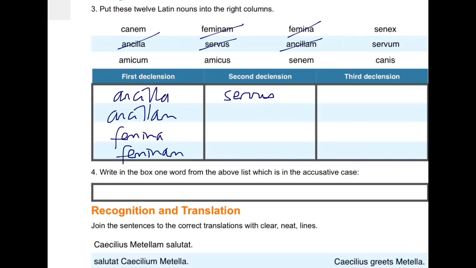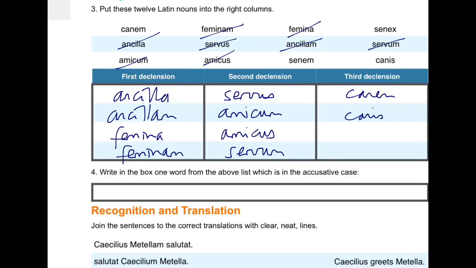The order you write these in doesn't matter. There's a U, Amicum. There's one, Amicus, and there's another one, Servum. And so the other 4 must be third, and we can prove that to ourselves because they haven't got an A or a U. What appalling handwriting I've got. There you go. So that's question 3.